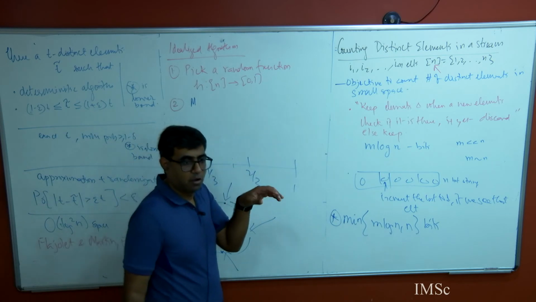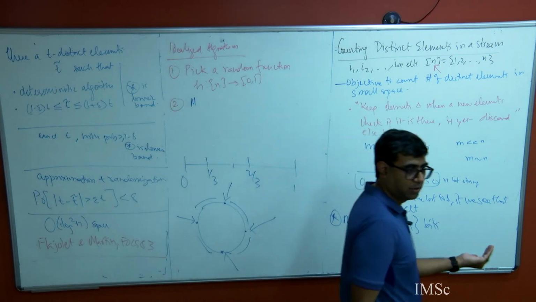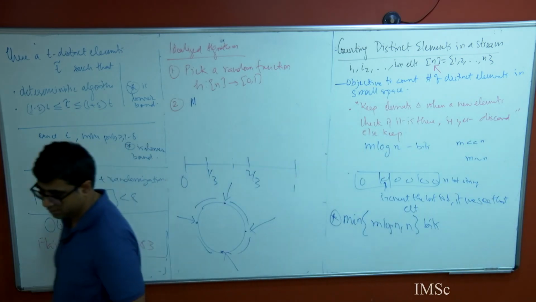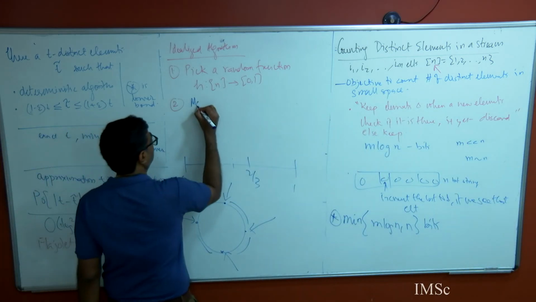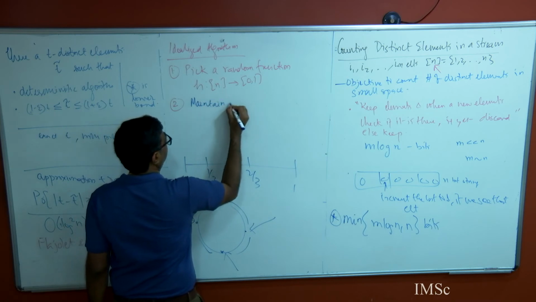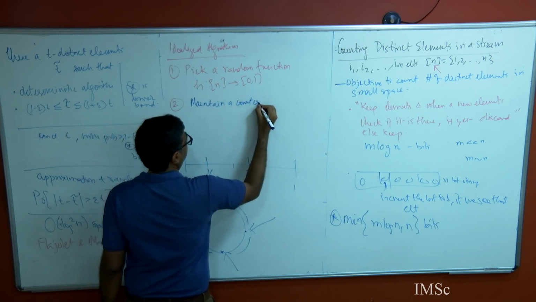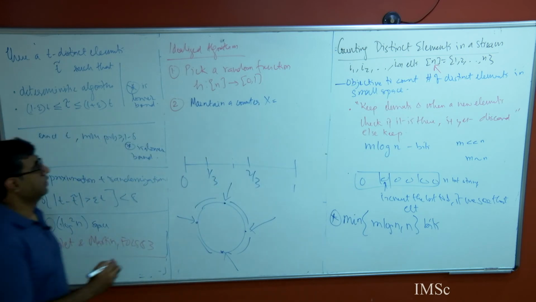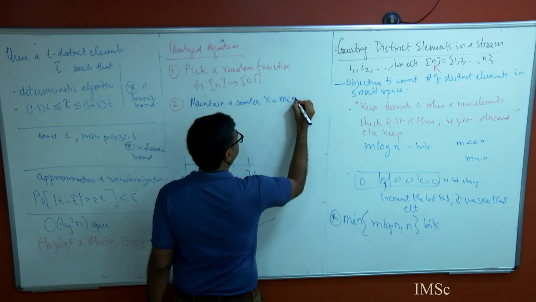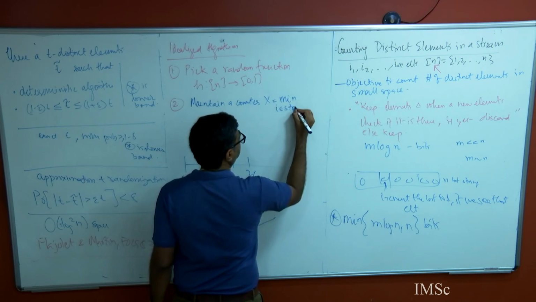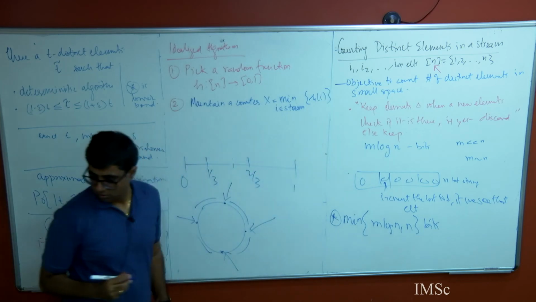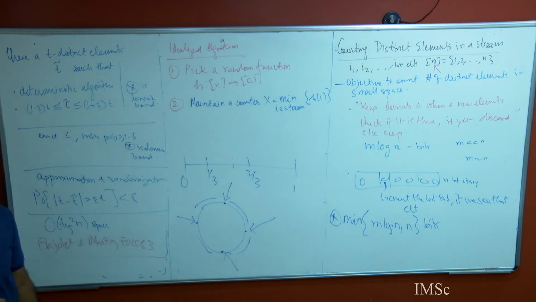If I knew the fraction I have and that it is uniform, then I know the number. So what I'm going to store is maintain a counter x, and it is going to store the minimum of h(i) over i in the stream.